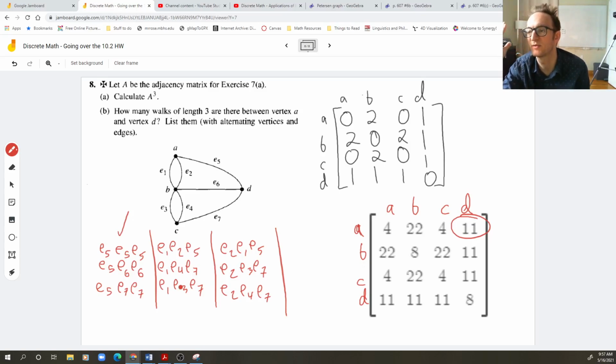I've done this problem before. Walks of length 3 from A to D. I'm just getting completely paranoid now, right? From A to D is 1. Is this adjacency matrix wrong? It just can't be. From A to B is 2. From A to C is 0. From A to D is certainly 1. So yeah, 1, 2, 3, 4, 5, 6, 7.